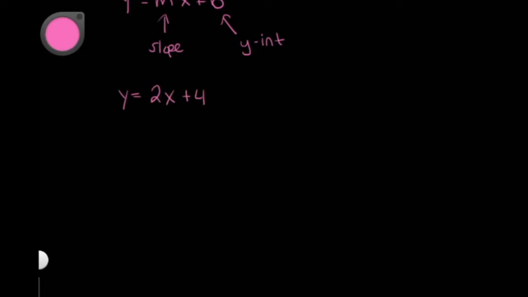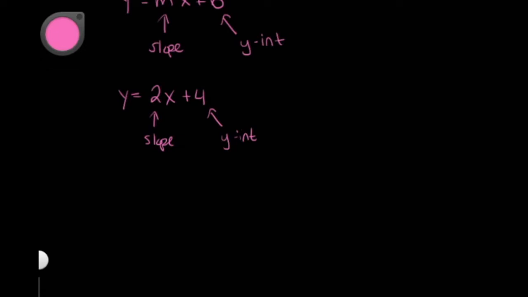In this equation, 2 is the slope and 4 is the y-intercept. That means that when I graph this line, I start at positive 4 on the y-axis. I put a dot there, and then I have a slope of 2, which means I'm going to go up by 2 over by 1 to graph that line.